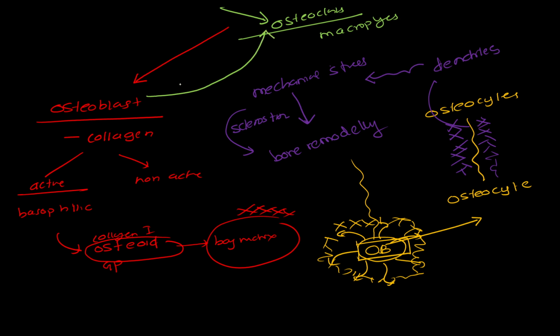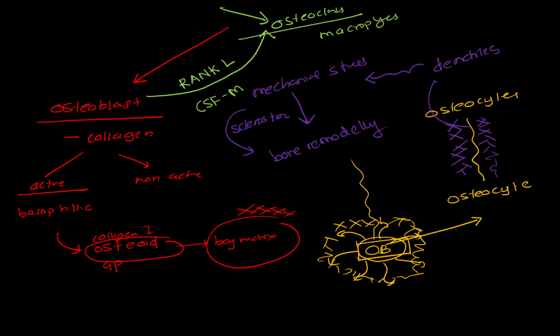Osteoblasts produce two types of chemical messengers which have an important function in the differentiation of osteoclasts, with the fusion of macrophages coming from the bone. One is RANK L, the other is colony stimulating factor of macrophages. These are the two which play an important role in the differentiation of osteoclasts.